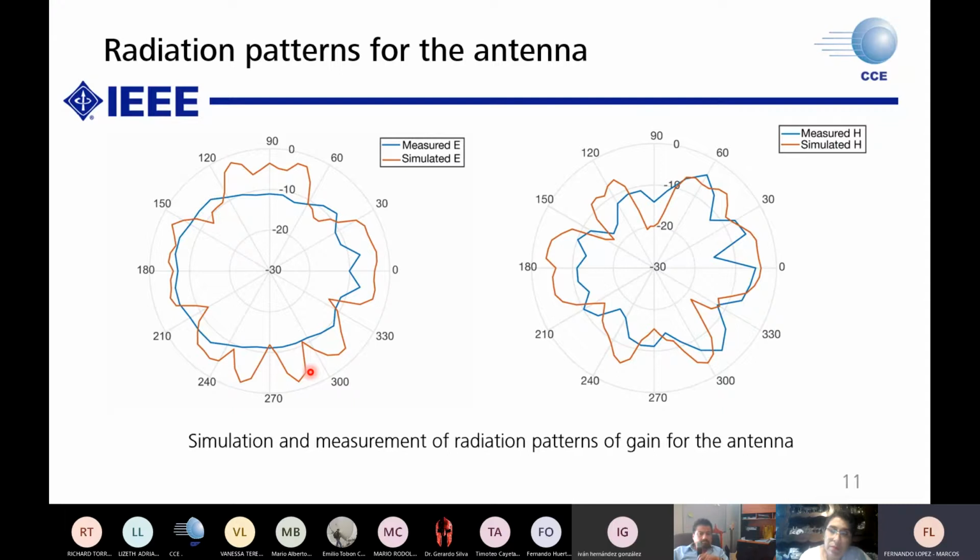Then, if we know the transmitted power, the gain of the transmitter antenna, and the distance between both antennas, we can use the Friis equation that characterizes the link budget. With this equation, we can obtain the gain of this antenna.